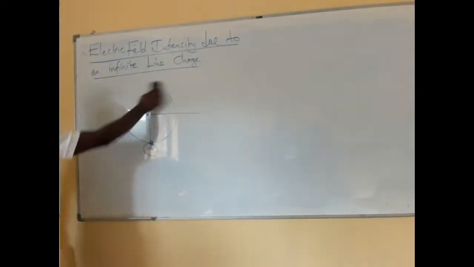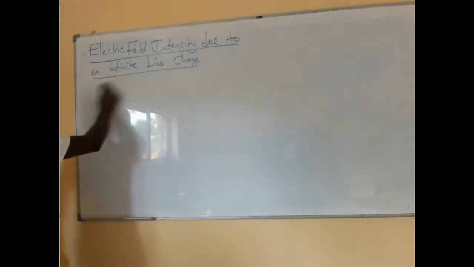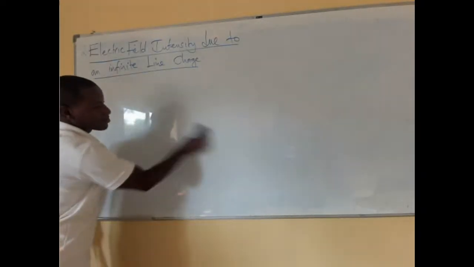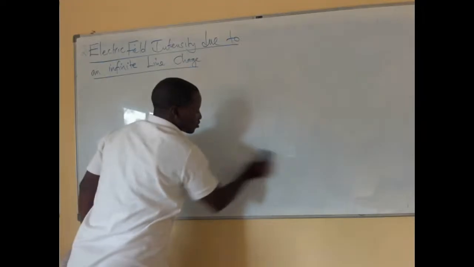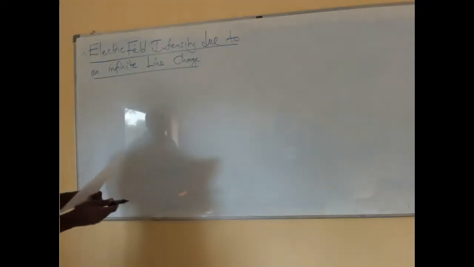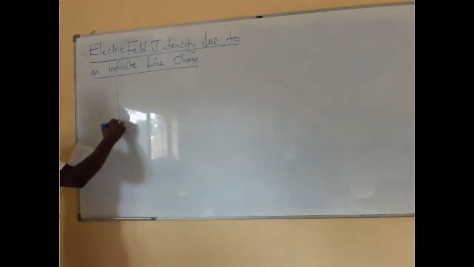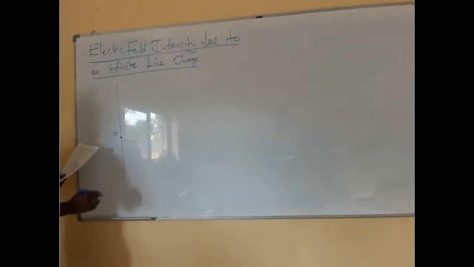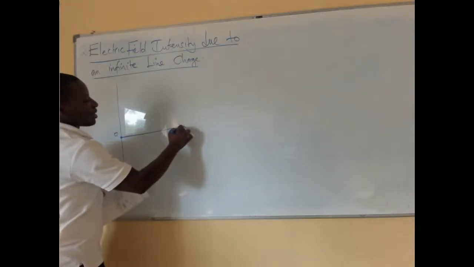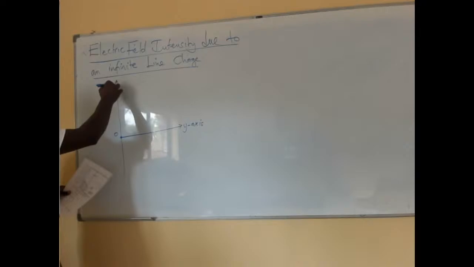Now today we are looking at the electric field intensity, not due to a ring like we looked at last week, but due to an infinite line. This is our line. We take this to be our origin, let this be our y-axis, and that our z-axis.